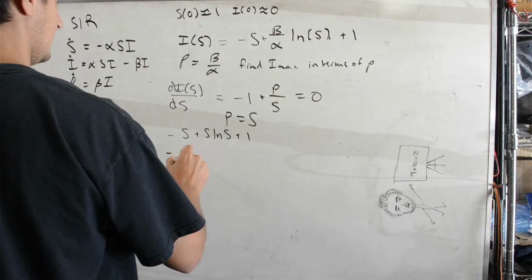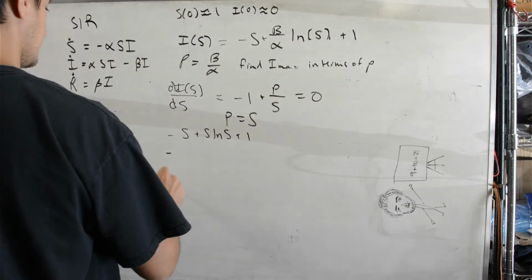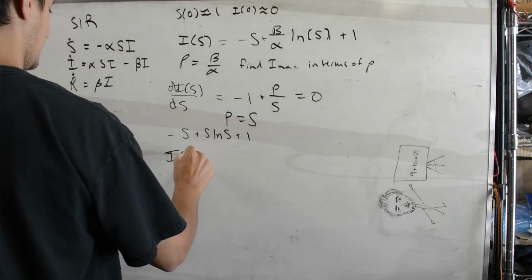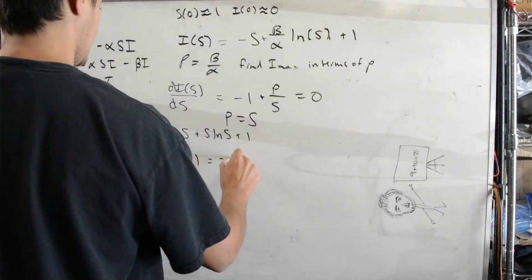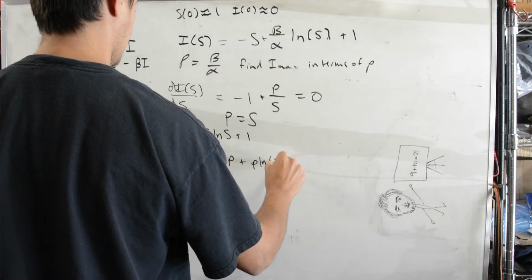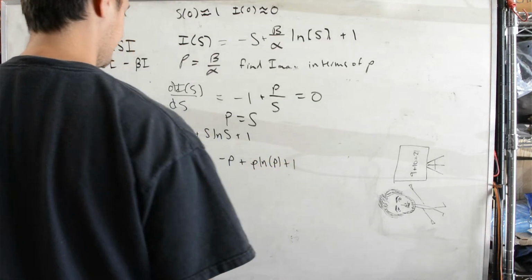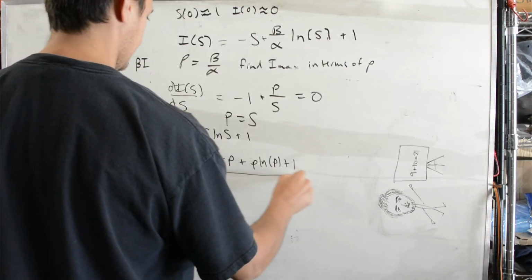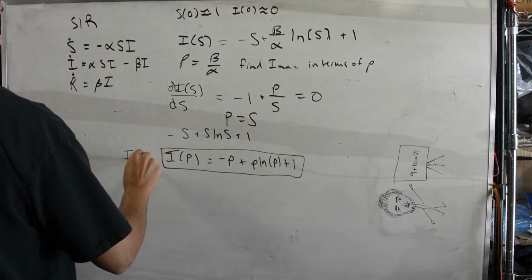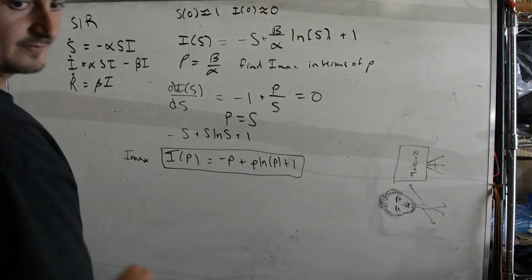So you're going to be calculating I of rho is equal to minus rho plus rho ln rho plus 1. So this is I max. Okay.